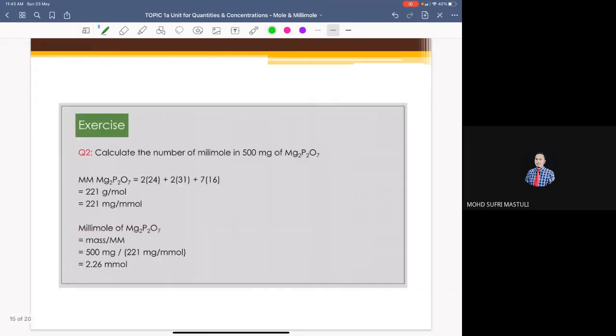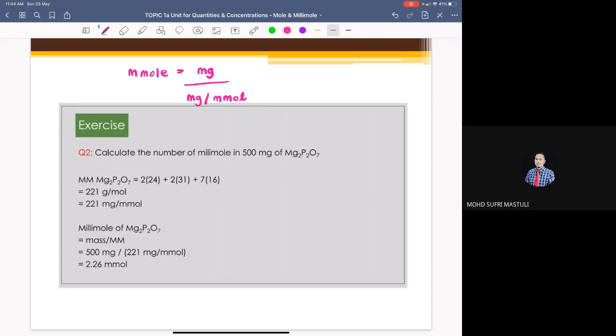Another exercise. Calculate the number of millimole in 500 milligram of this compound. First, you still remember a thing, millimole should be mass in milligram over molar mass in milligram per millimole.